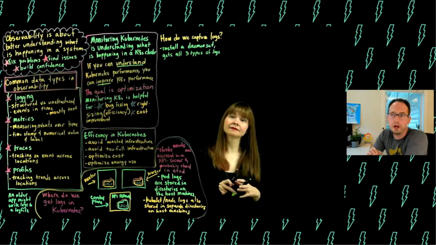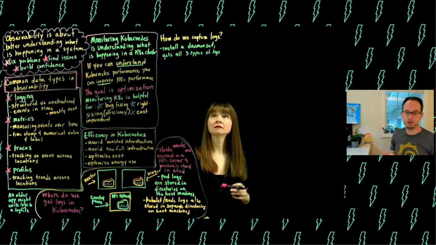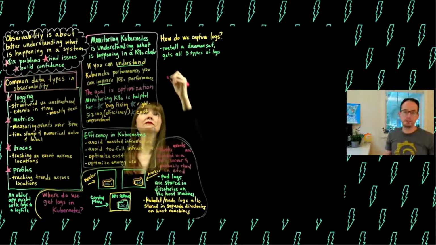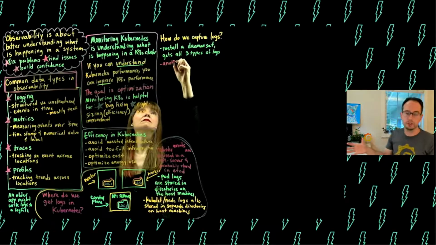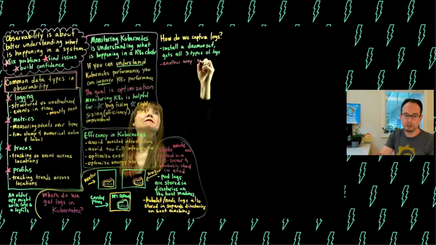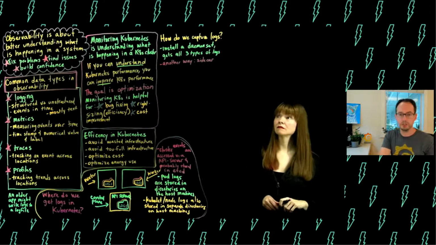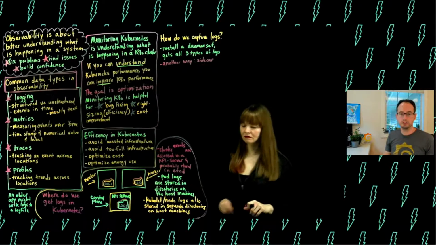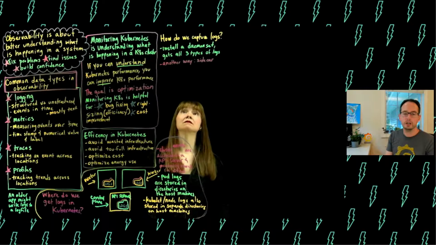Why you would maybe use a sidecar over the daemon set is the sidecar can still capture standard out and standard error. Rather than reading from the file on the node, you can get it straight from the source. The sidecar approach could get those separate application logs. You lose the ability to get the node logs, because those sidecars won't be configured to ask the node directly, give me your logs.